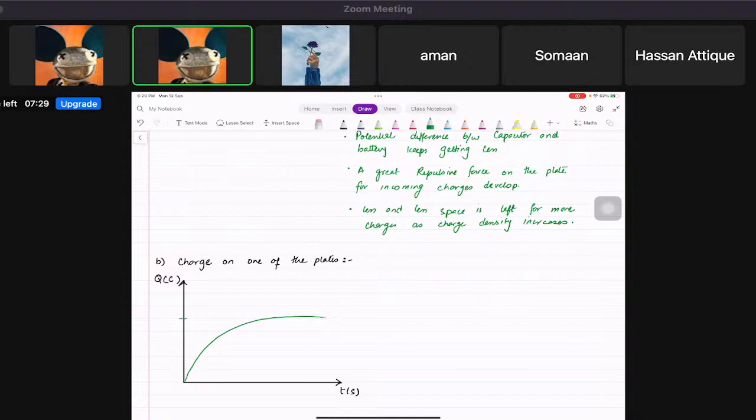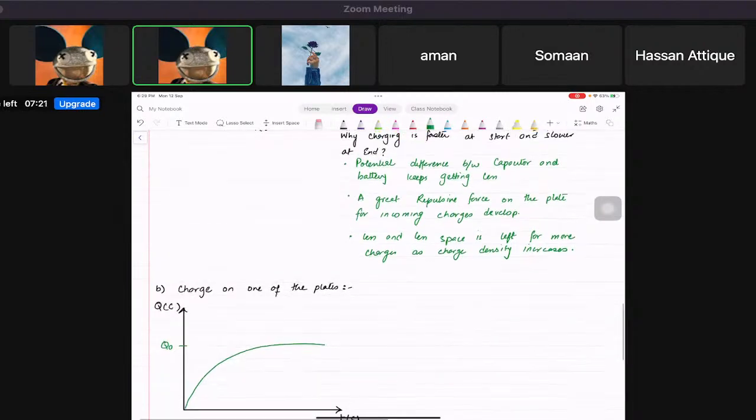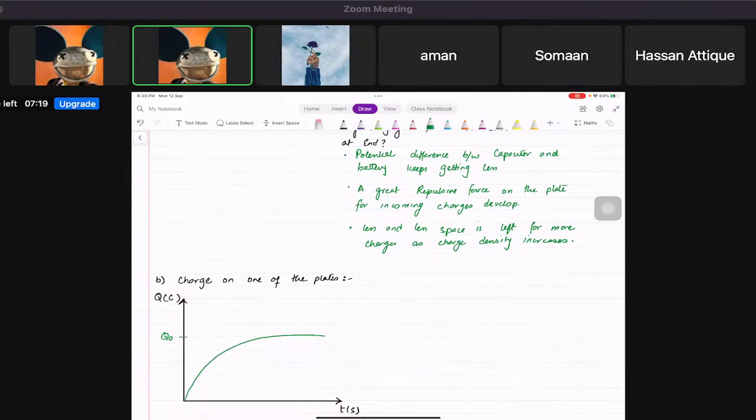It reaches a maximum charge, which depends on the capacity. When the capacity fills up, like I've said, the space becomes less and less. So as the number of charges increases, at one point the current stops and no more charges will be there. The reason the current stops is because the potential difference will be no more, and there will be so much repulsion that no other charge can enter. So the capacity is getting full, and when it is full, the maximum number of charges are there. Is it clear, everybody?